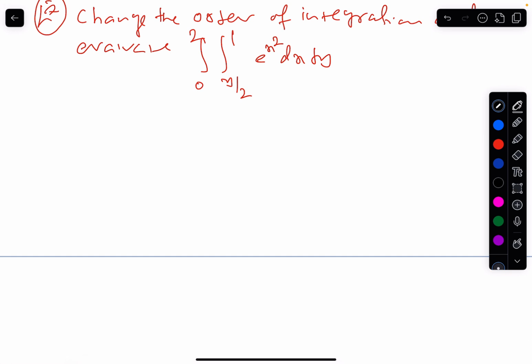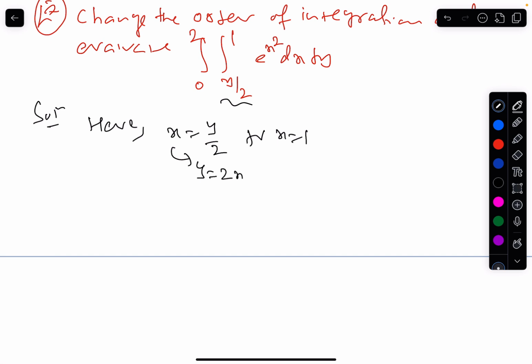Now here this limit is of x. X is equal to y by 2 to x is equal to 1. You can say this is y equal to 2x. And y equal to 0 to y equal to 2.